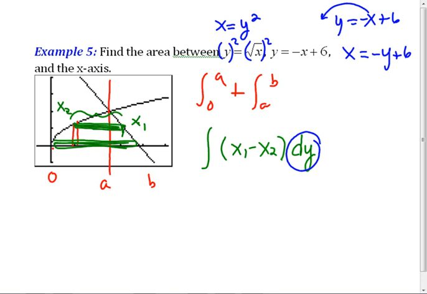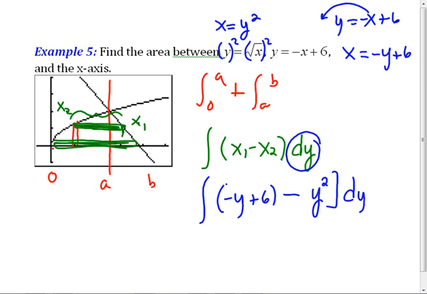Adam? Negative y plus 6. It's the line, right? So it's negative y plus 6 minus the other x, which is y squared dy. Do you see why there's a problem if I don't put the differential in? The differential tells me the variable I want.